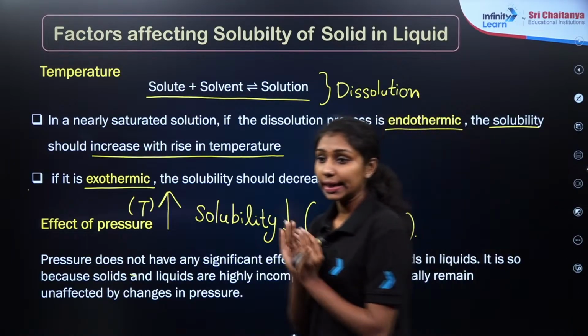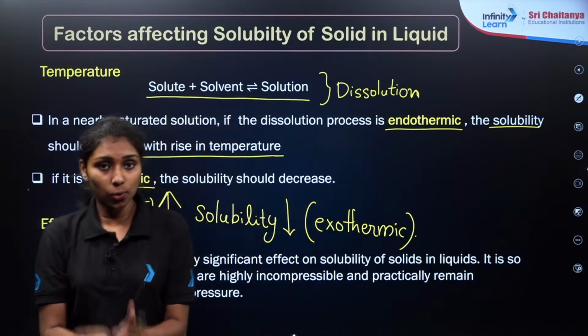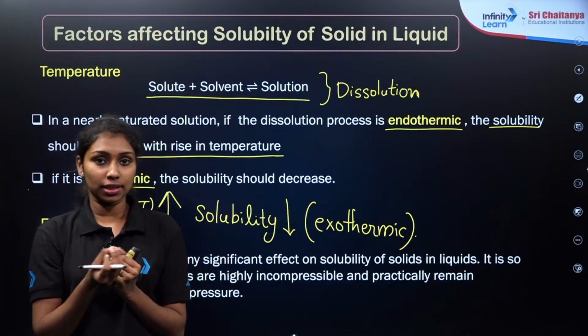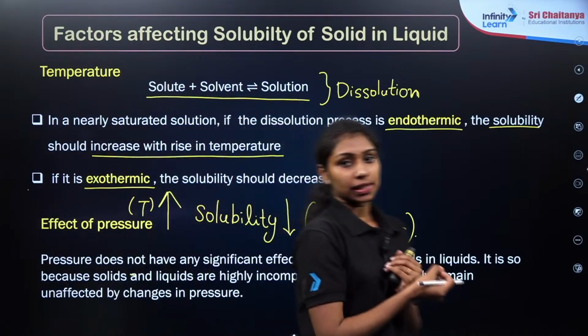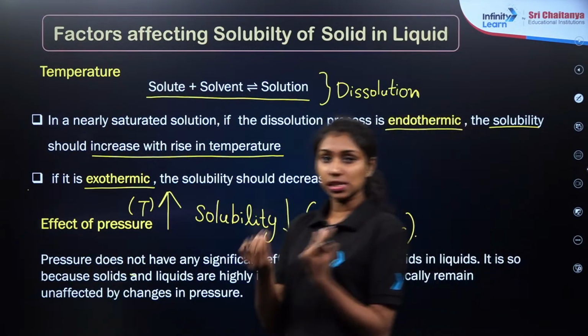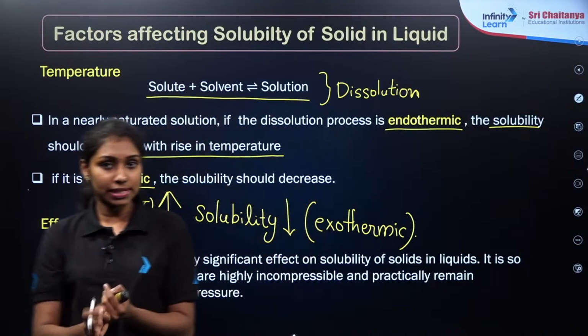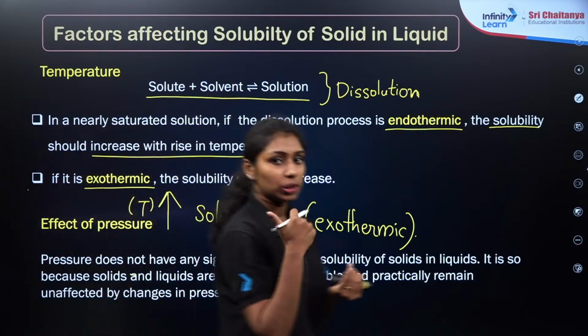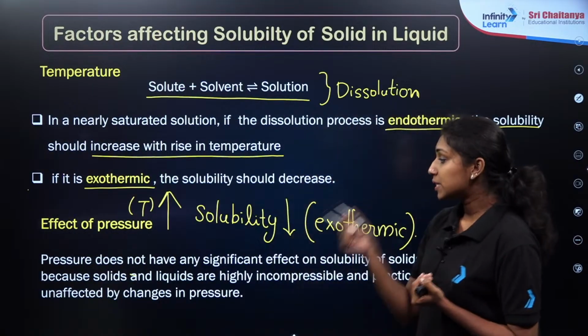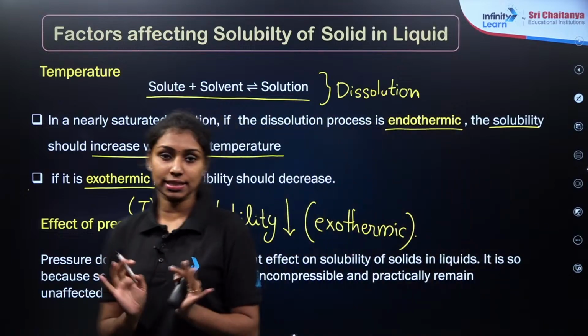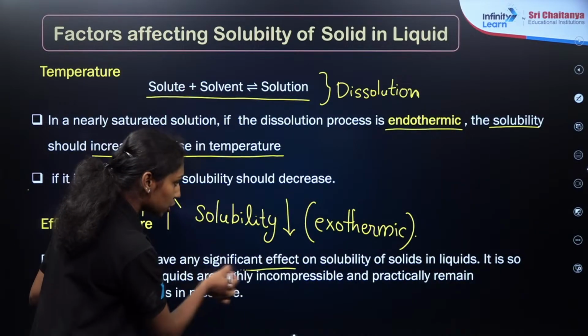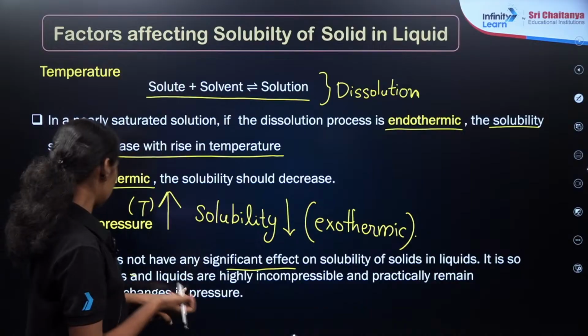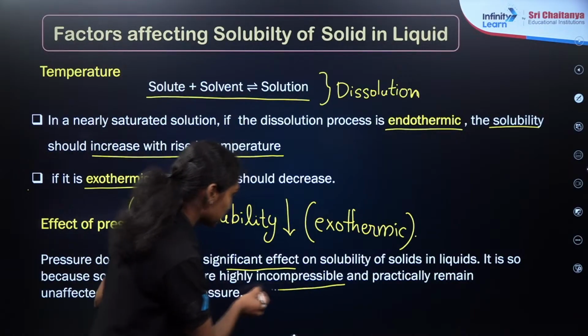In the case of solids and liquids, generally they are incompressible in nature. So if you change the pressure, there is no particular effect. We can say that pressure does not have any significant effect on the solubility of solids in liquids because they are highly incompressible. Clear?